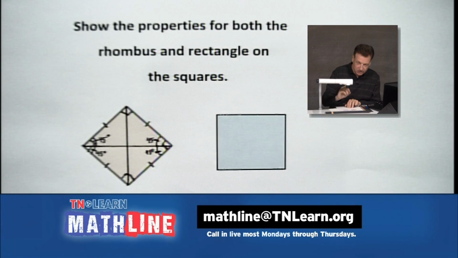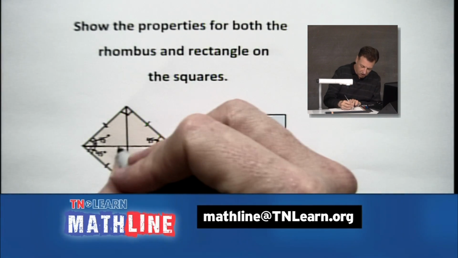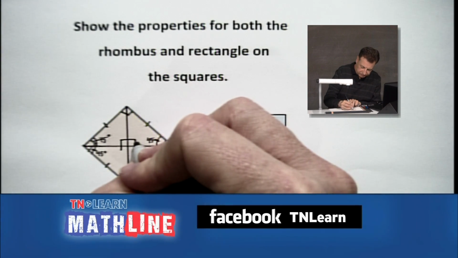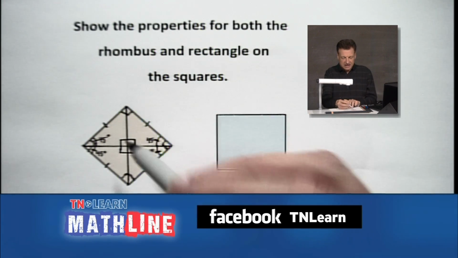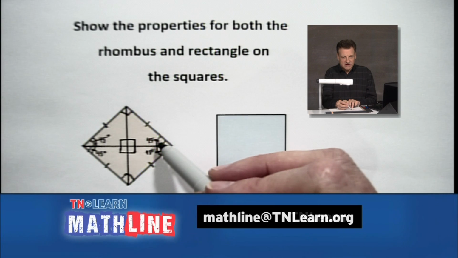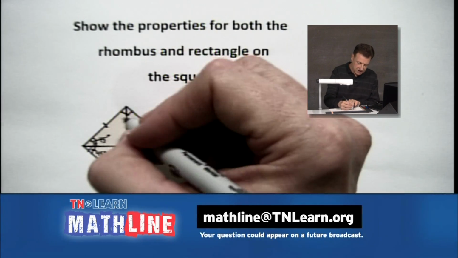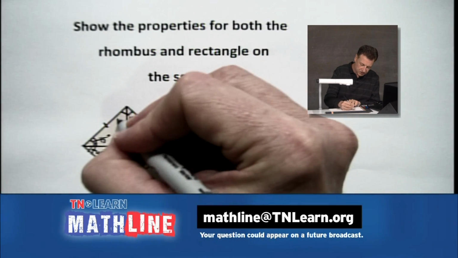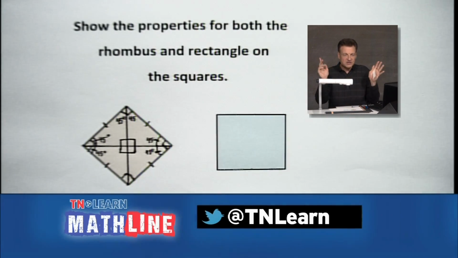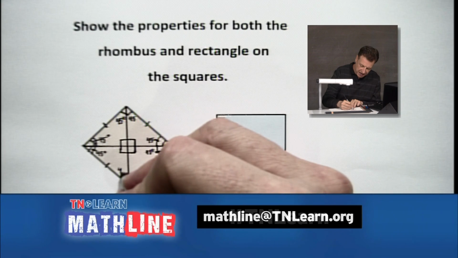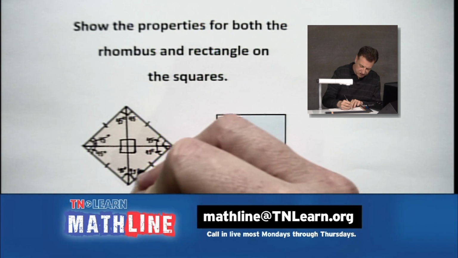They bisect each other, and they also are perpendicular. Now here's where things get very interesting once again. If these are 90 degrees here, we're going to be 45. That forces another 45 here. Well, it's also bisecting the diagonals, right? So if I start with a rhombus, all sorts of things are happening. My goodness, there's 45 degrees everywhere.